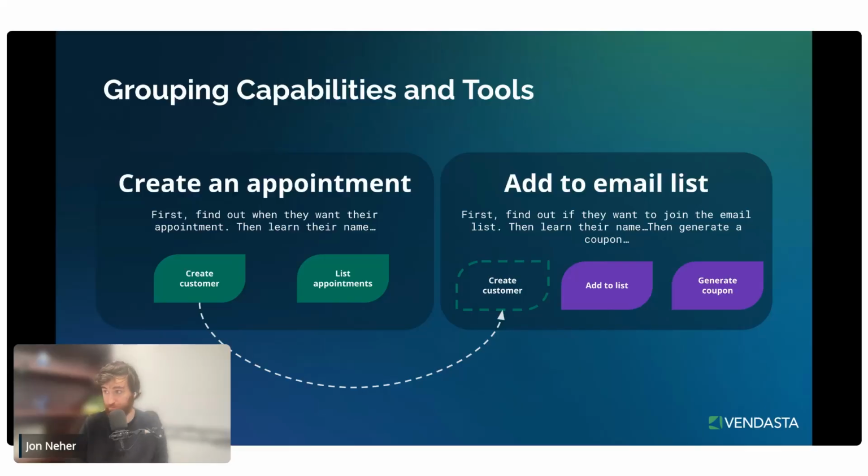and then interpret that response. So if it's normal for us to create an appointment and then ask someone to join our email list, we can say in our email list capability, if you know the customer ID, go ahead and use that.